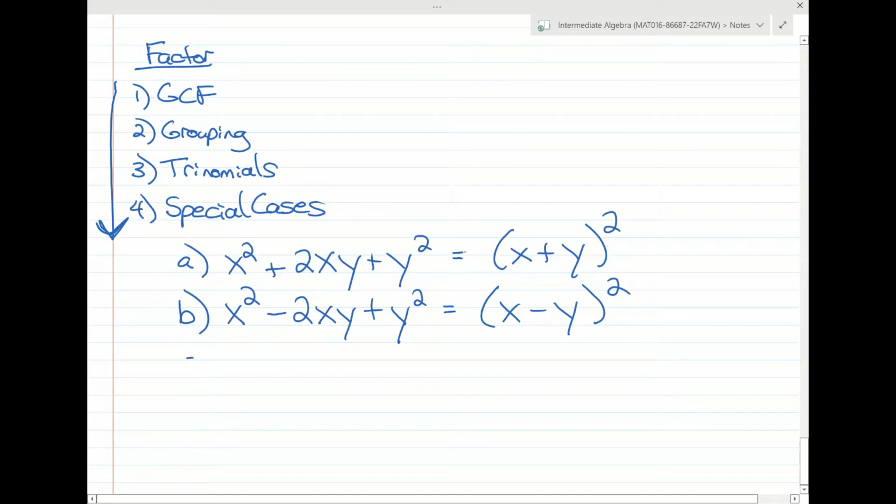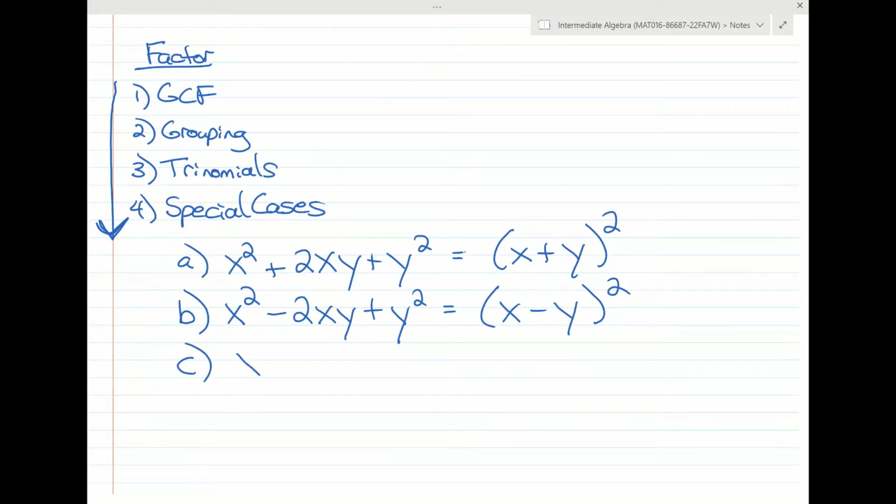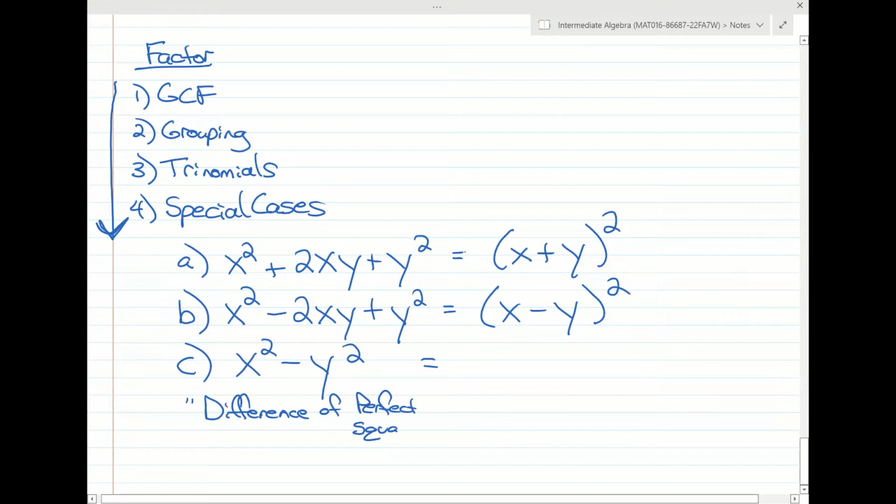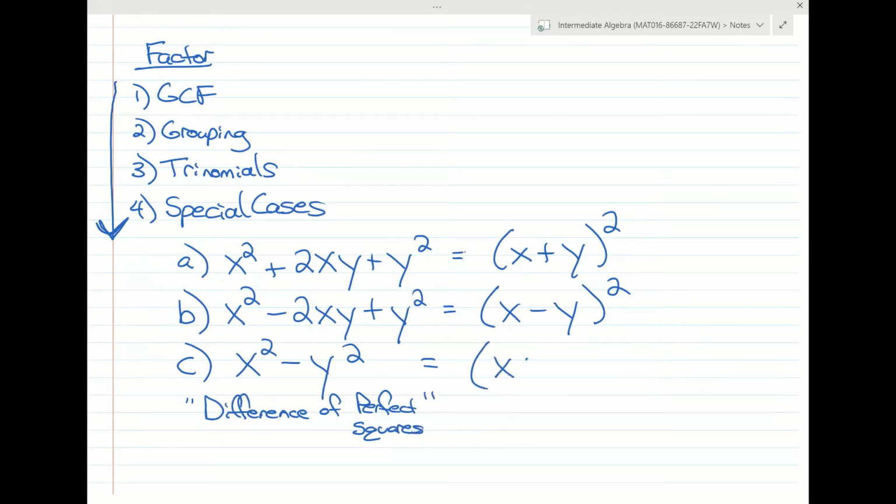And then the last type of special case that we'll see is the difference of perfect squares, which we could write as the first plus the second times the first minus the second.